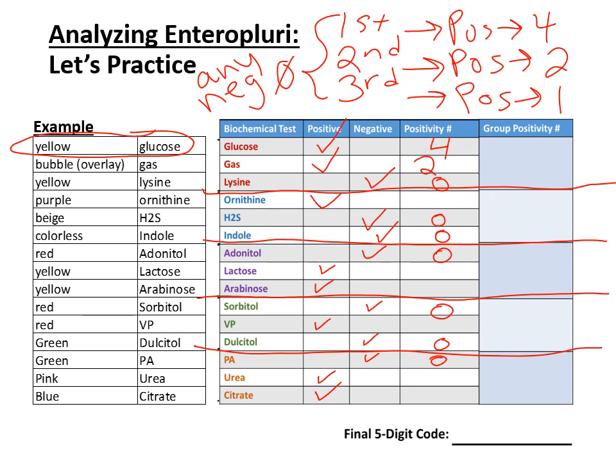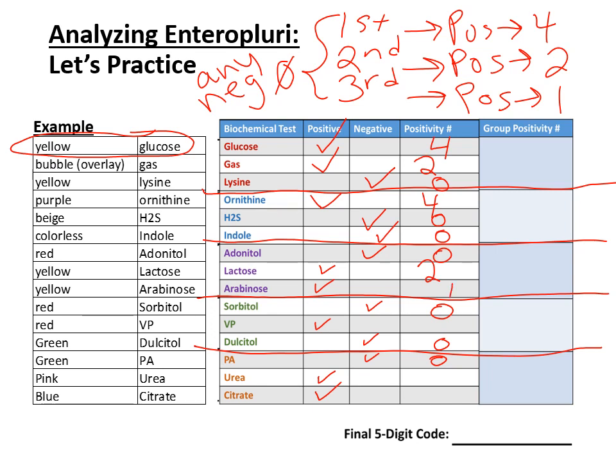Lysine, we already said, is negative, so that's 0. Ornithine, that's the first test in that group, so that gets a 4. We have a bunch of negatives, which are 0. Lactose is the second test in a group. Positive, so it's a 2. Arabinose is the third test in a group. Positive, so that gets a 1.